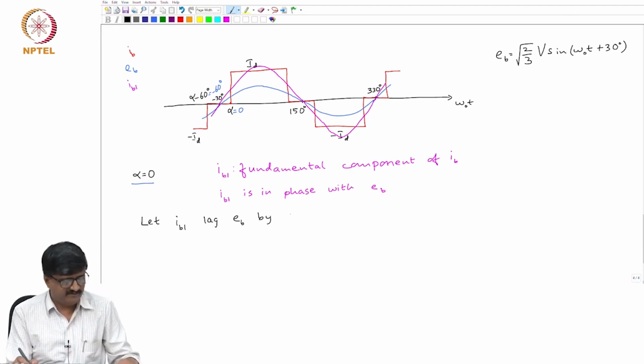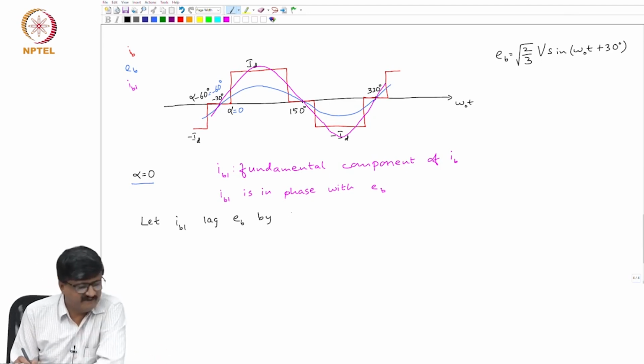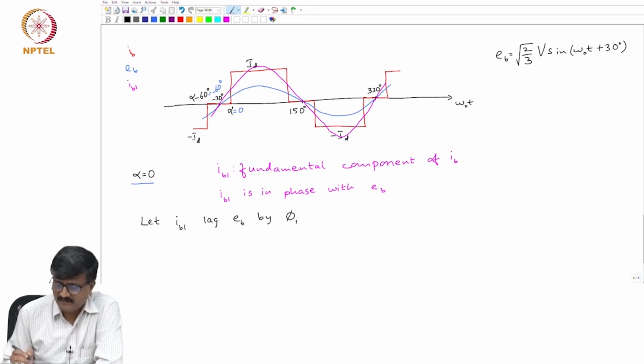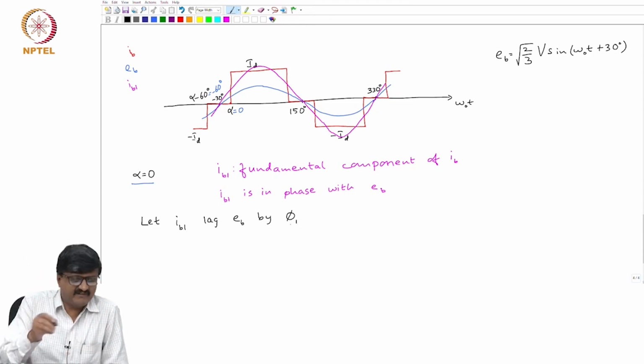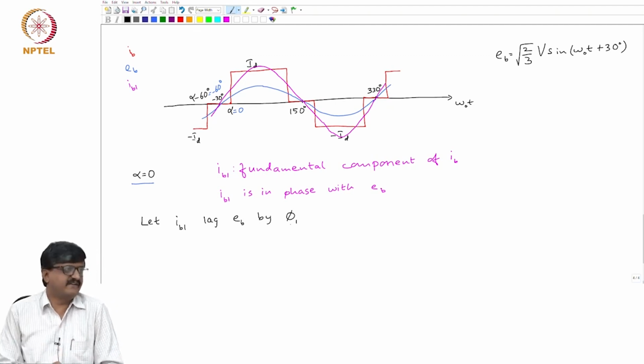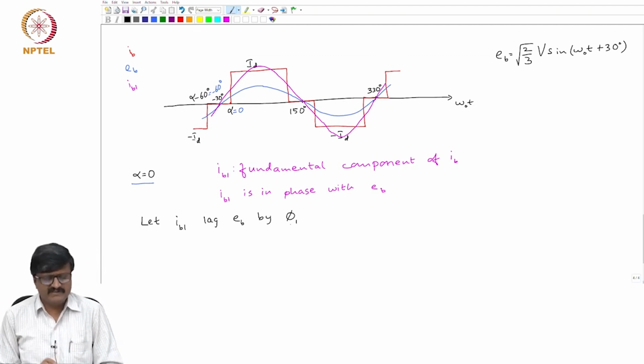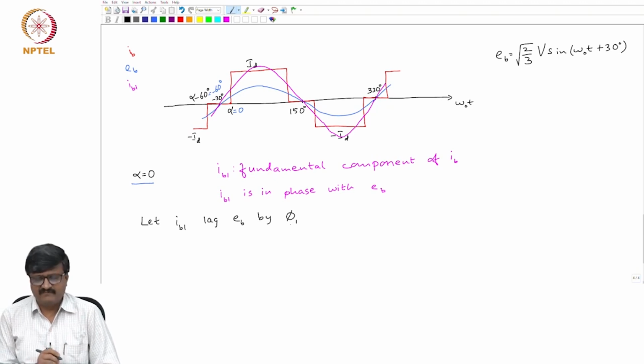I will give a notation for this phase angle, say phi 1. I am using the subscript 1 because it is the angle by which the fundamental component of IB is lagging EB. Now, in general, for any value of alpha, can I relate phi 1 and alpha?